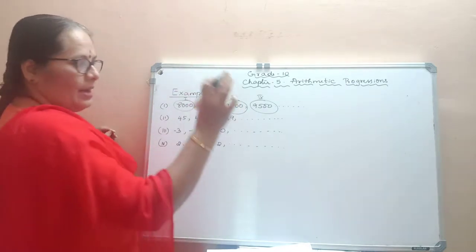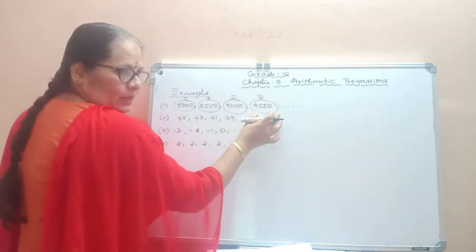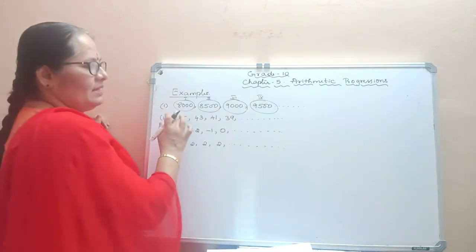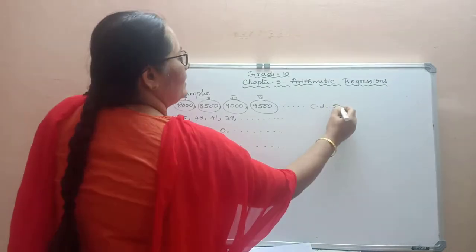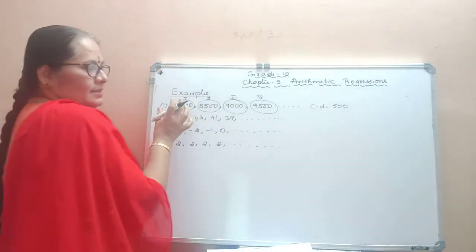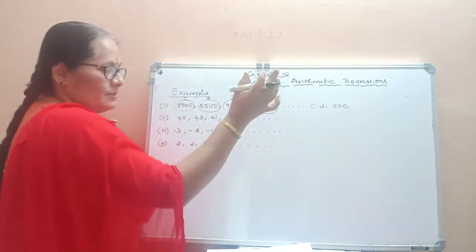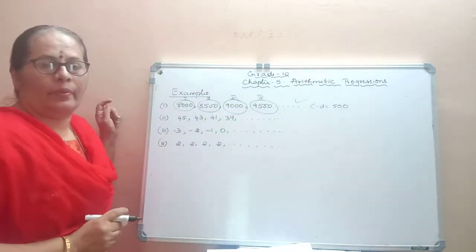If you add 500 to the third term, then you will get the fourth term. It means that the common difference between these terms is 500. The common difference is the same throughout the series, so we can say that this sequence is in arithmetic progression.